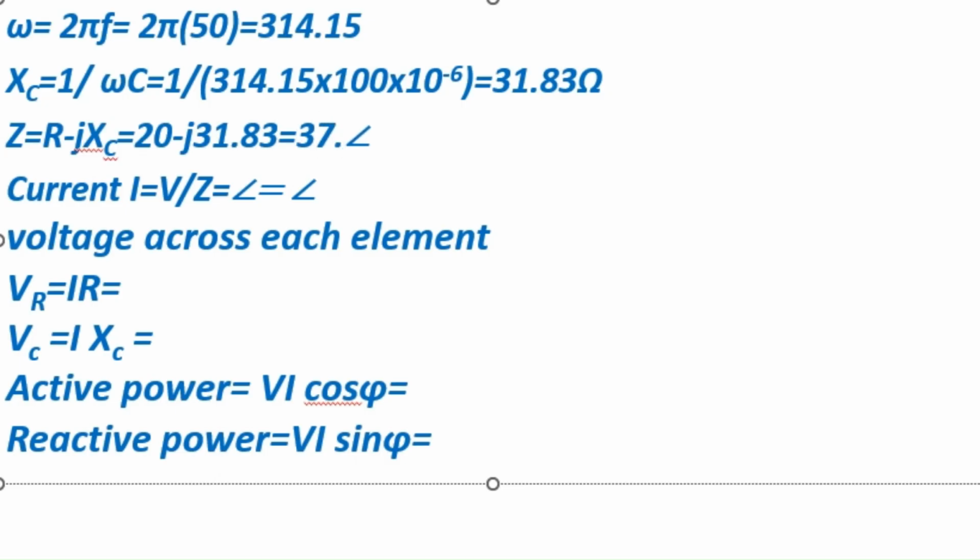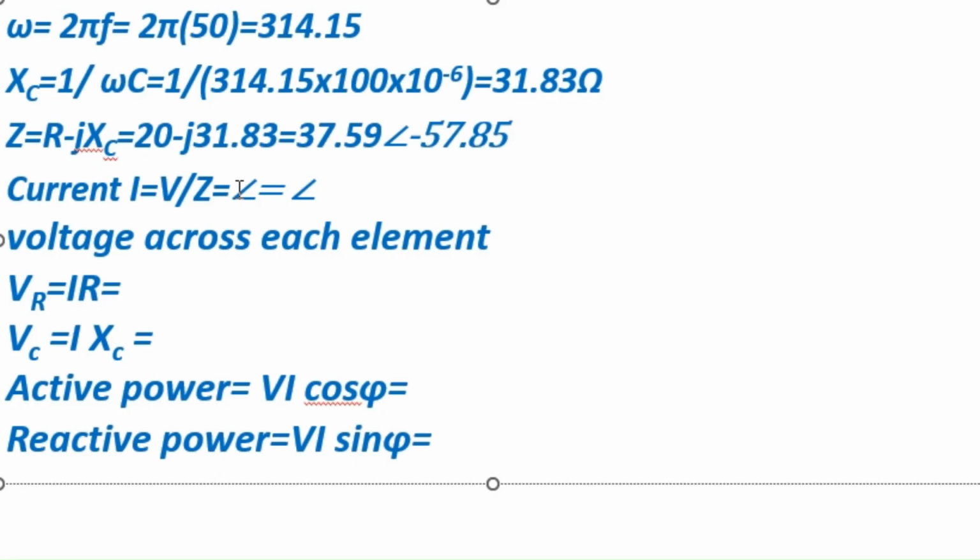If you convert it into polar form using a calculator, 20 minus j31.83 is 37.59 at an angle of minus 57.85.